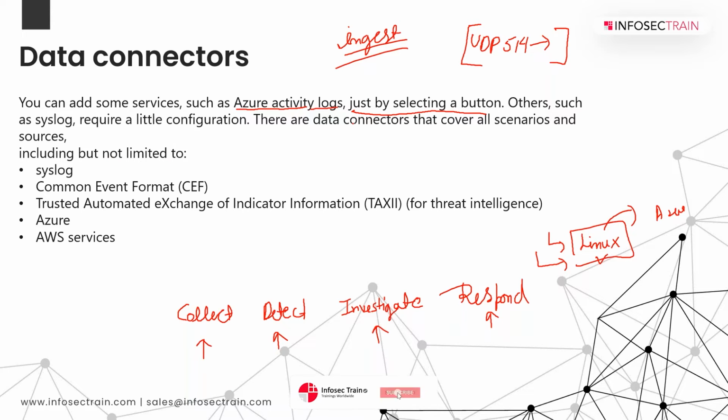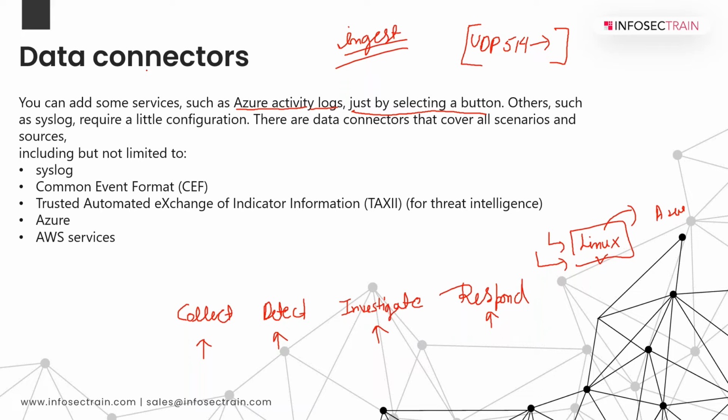Then there are different data connectors which can connect you to different data sources. I think I was discussing this yesterday, and Manish was discussing it with me as well. As I was explaining, there are around 120 data connectors from different services. You will see options to collect data from your F5 firewall, from Barracuda, from Palo Alto.